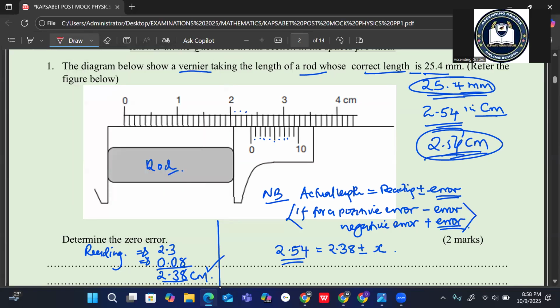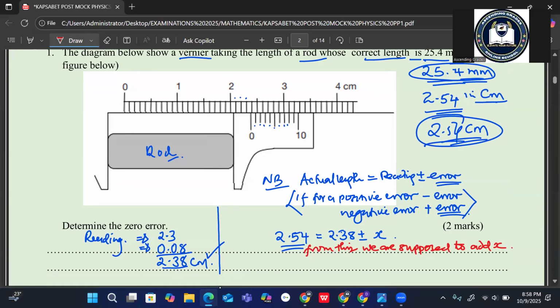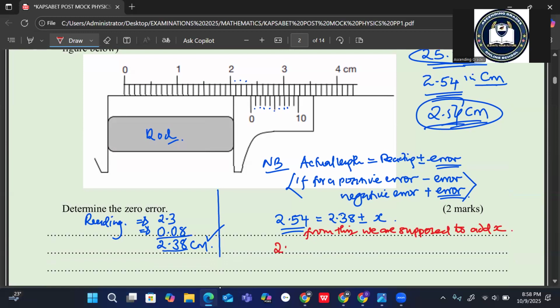We are supposed to add x. So our equation becomes 2.54 equals 2.38 plus x.